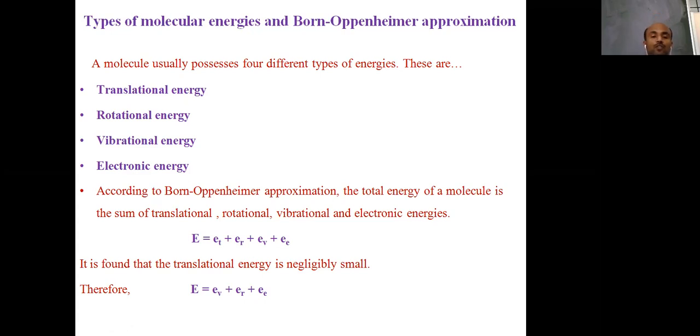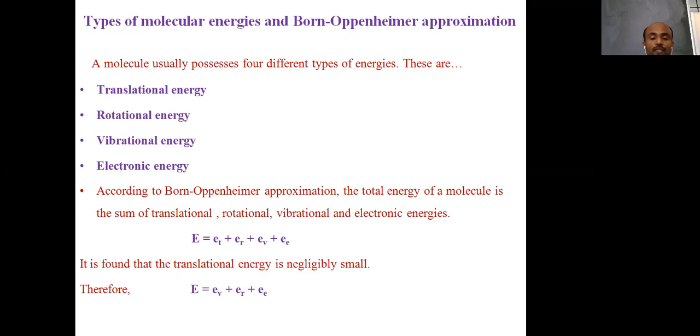Born-Oppenheimer approximation. This is a very important concept. A molecule usually possesses four different types of energies, such as translational, rotational, vibrational, and electronic energies. So these are the four different types of energies associated with any molecule. And according to Born-Oppenheimer approximation, the total energy of the molecule is the sum of translational, rotational, vibrational, and electronic energies.